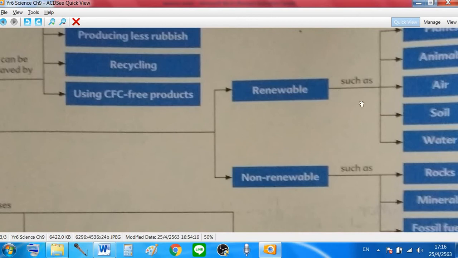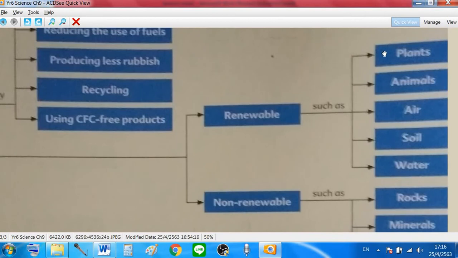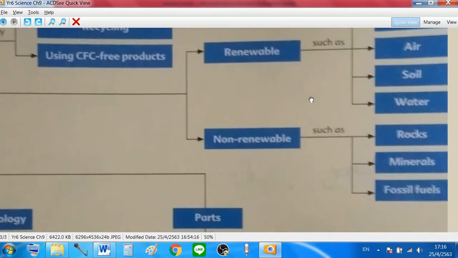And renewable resources, the examples are plants, animals, air, soil, and water. These are the 5 renewable resources listed in the book. And non-renewable resources, such as rocks, minerals, and fossil fuels. And the fossil fuels are oil, natural gas, and coal.